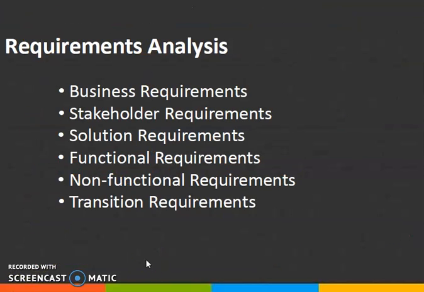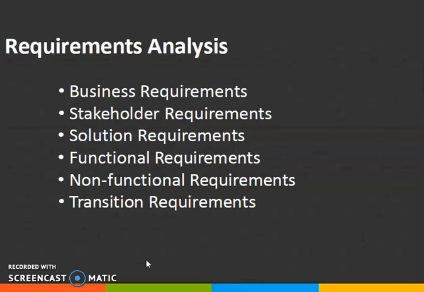The requirement analysis includes the business requirements, which means markets, customers, products, and services. Then stakeholder requirements: the different groups of people who are affected by or influencing the business organization, and their requirements. And if you have any business problems, what are the solutions to those problems? Based on the solution requirements, the project can be done.